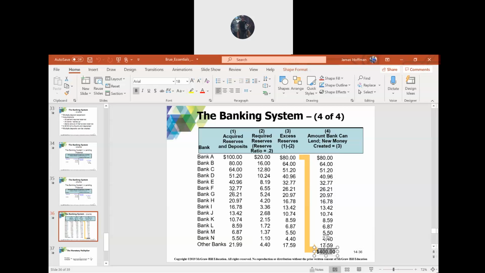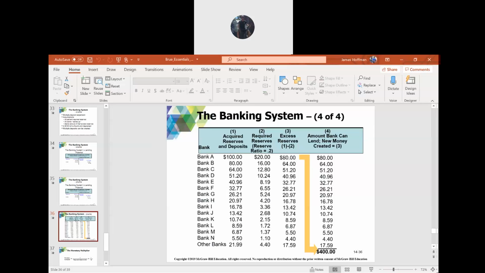Okay, so we're not going to go through all the banks, but you can see that the first bank's excess reserves are lent out, spent, and deposited from that business into Bank B. Bank B lends out $64, and this customer spends to another business, and they deposit into Bank C, and it keeps going down. The point here is that one bank can only create new money equal to its individual excess reserves, but the banking system as a whole can create a multiple and create more money than just the excess reserves of the individual banks.